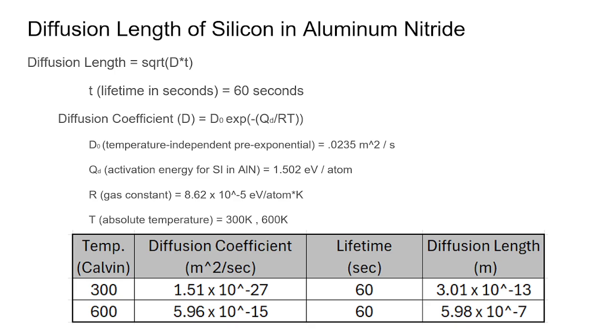At a temperature of 600 Kelvin, you would get a diffusion coefficient of 5.96 times 10 to the negative 15 meters squared per second. Lifetime is 60 seconds again. Plugging both values into the diffusion length formula, you would get a length of 5.98 times 10 to the negative 7 meters.